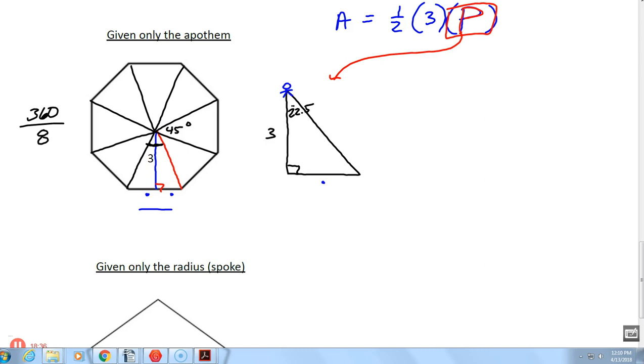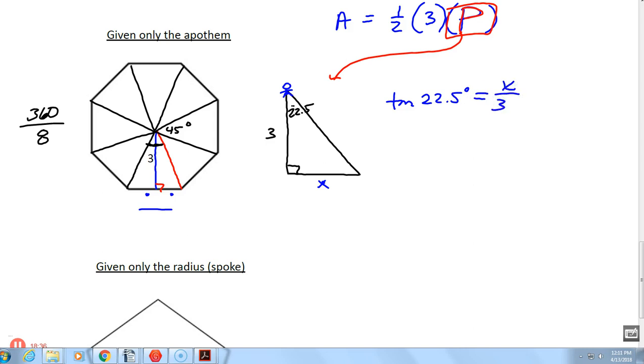So I'm going to stand there, and if I need this, I'm going to just call it X. You're pretty much always going to use tangent if you're up here at this top angle, like Josie did. So I'm going to go tangent of 22.5 equals something over 3.